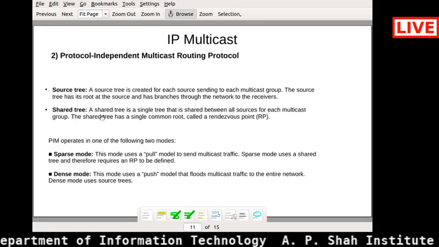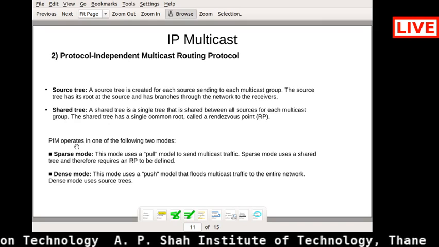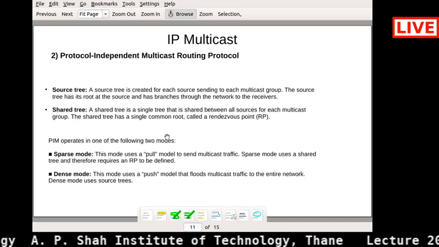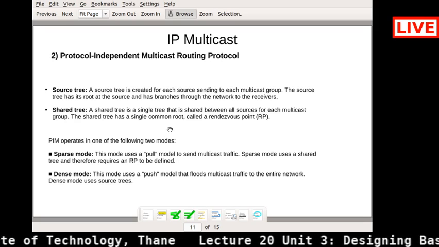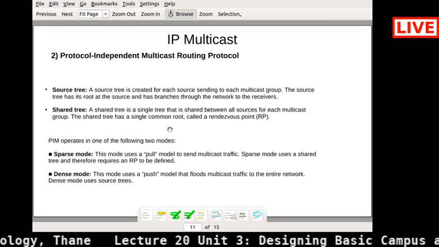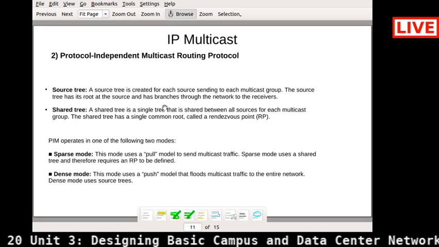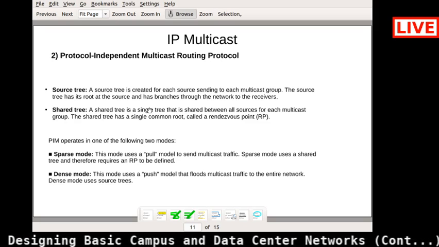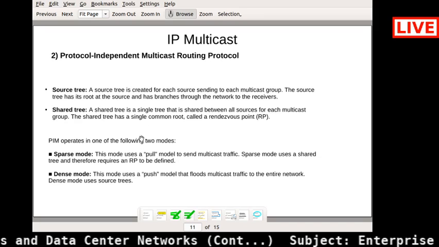The shared tree is a single tree shared between all the sources of each multicast group. So whatever data you send is shared between all the sources or the leaves of that tree.